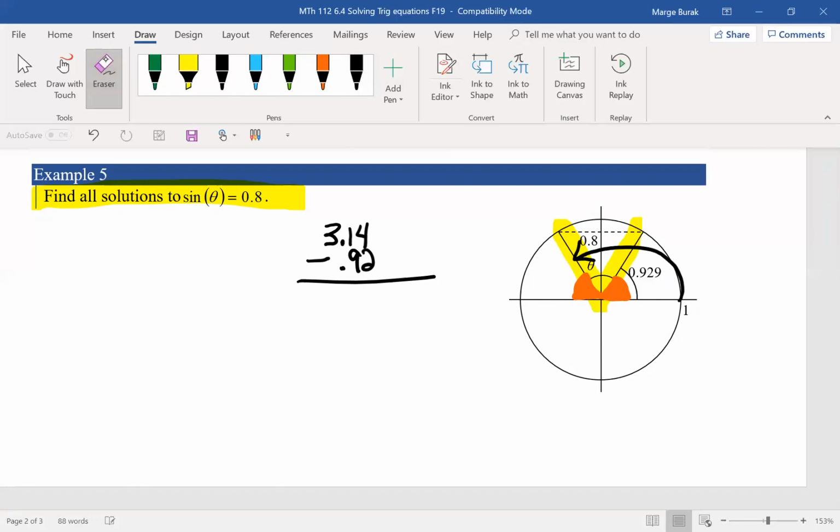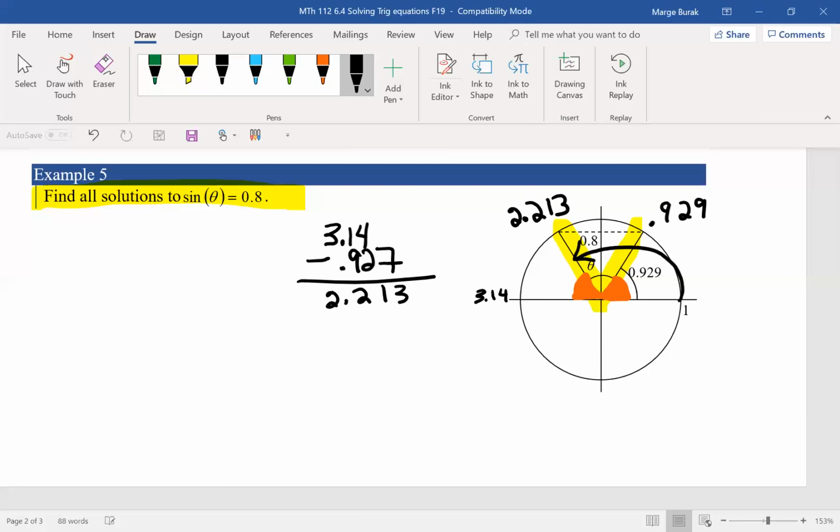It's not a big typo, but it really is 0.927. So we're going to subtract that, and that's going to give us about 2.213. So this angle is 0.927 radians, and this big angle is 2.213 radians. Remember, pi is 3.14 radians, so we're looking good.